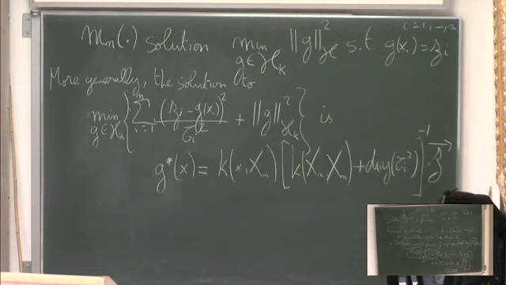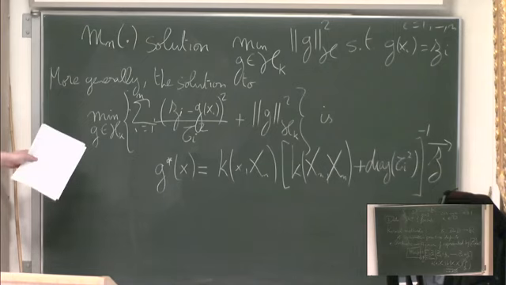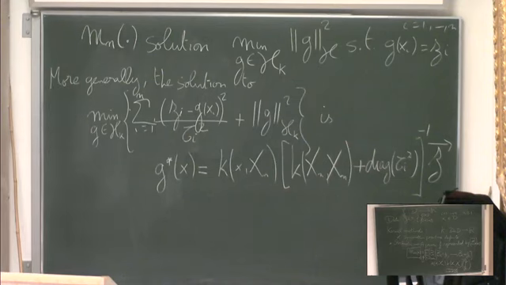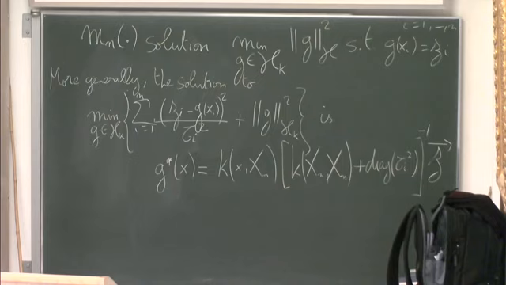I did not realize that the solution to this regularization problem is basically the same as this guy, but where instead of having this matrix here, you have this matrix here plus the diagonal matrix of the noise variances.